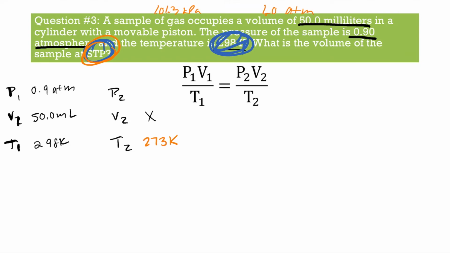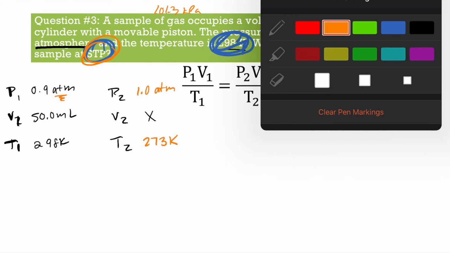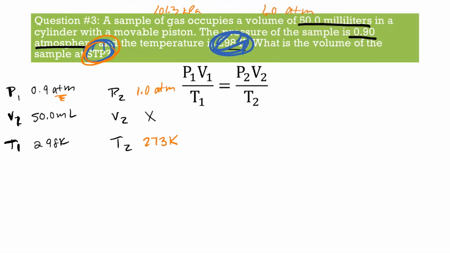Now for this question, which one should we use? We have to use 1 atm because if we're starting in atm, we have to end in atm. We can't just create new units because we feel like it. Plus, this is also the easier number to use. So now we have 5 out of the 6 variables. We are able to solve for that sixth one. So again, if you're ever not given a variable or a number in the equation, chances are the letters STP are there.